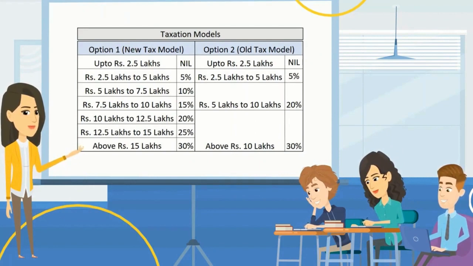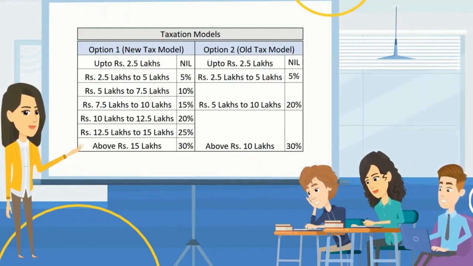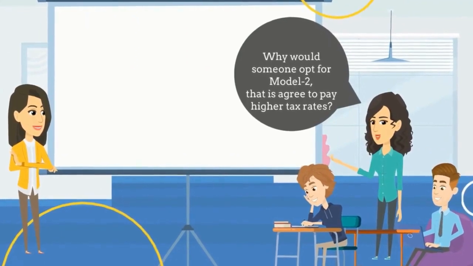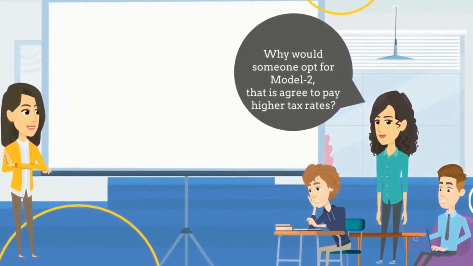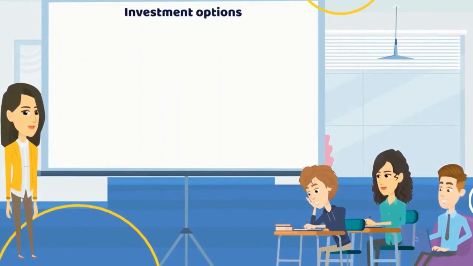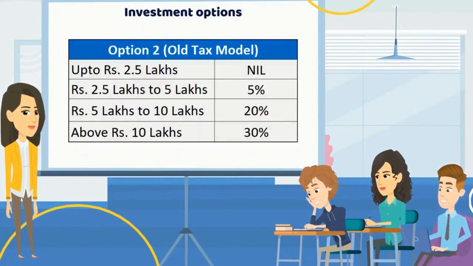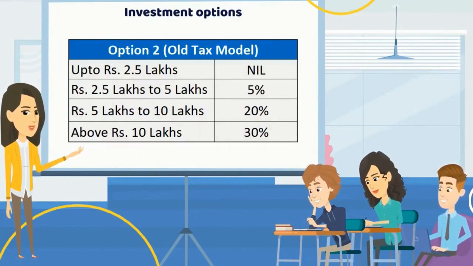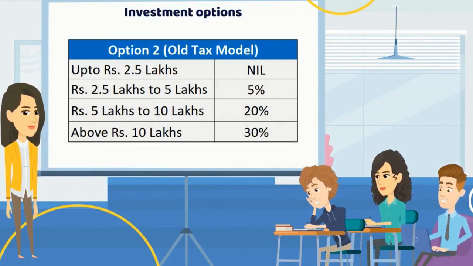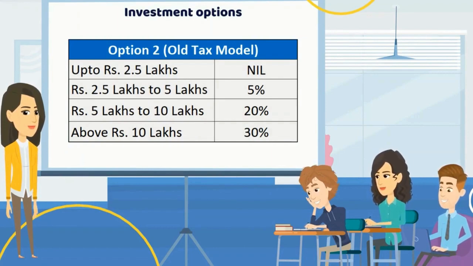As you can see, the taxation rate is higher in Model 2 as compared to Model 1. Why would someone opt for Model 2? That is, agree to pay higher tax rates? Well, to balance this discrepancy in different taxation rates, the government allows people opting for tax Model 2 to reduce their income tax liability if they invest some part of their income in specific expenses.